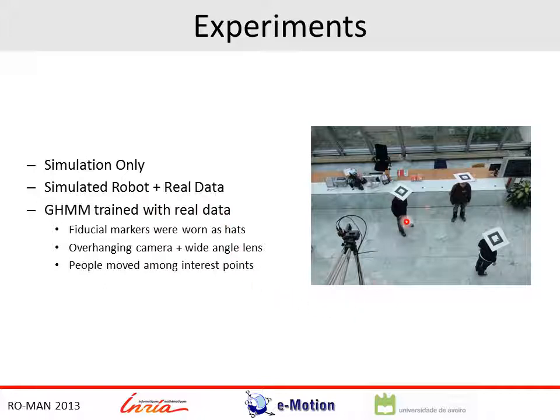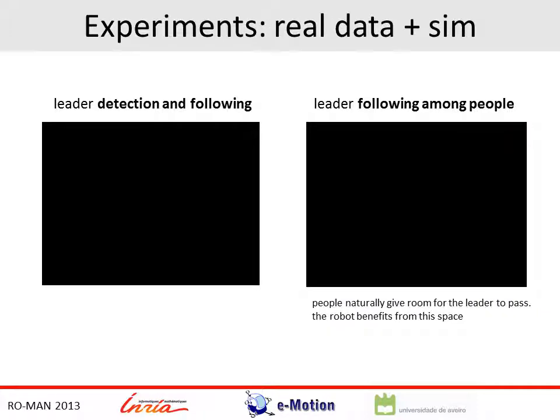For the real data, we used fiducial markers that were worn as hats by persons, and their motion was detected by an overhanging camera. Two types of experiments were conducted in this first part. We wanted to first evaluate the capacity of the robot to detect and follow a leader, and then the capacity of the robot to avoid other persons by following a leader.